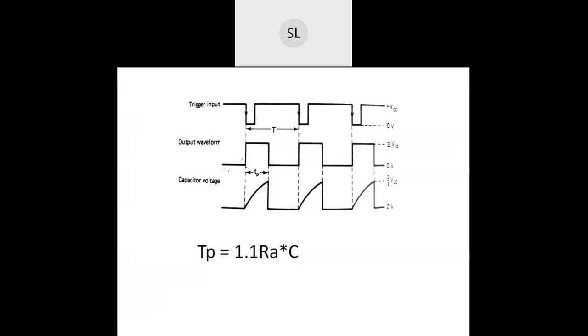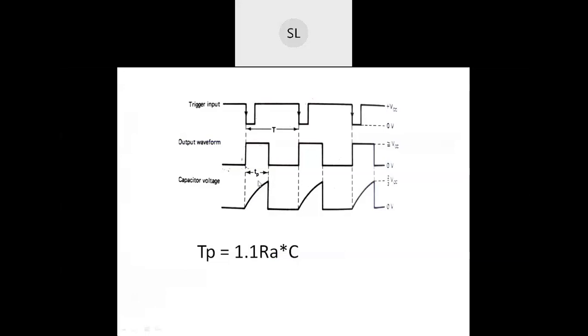So in this circuit, if you observe here, when we apply a negative going pulse to this pin number 2, the output of this timer will be high. Therefore the capacitor C will start charging towards VCC through RA.